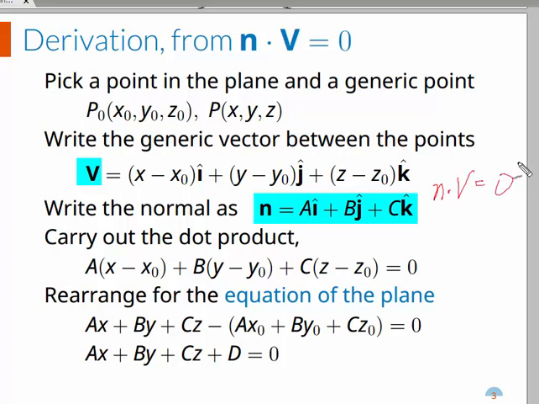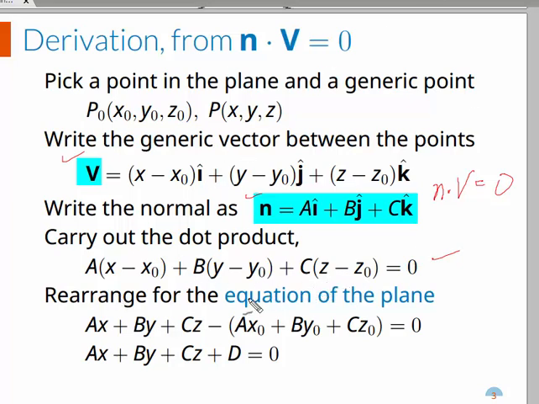So this is our test: if the x, y, z coordinates of that point lie in the plane, then the normal and this vector are at right angles. So we'll go ahead and carry out the dot product between the normal and this generic vector and set it equal to 0.